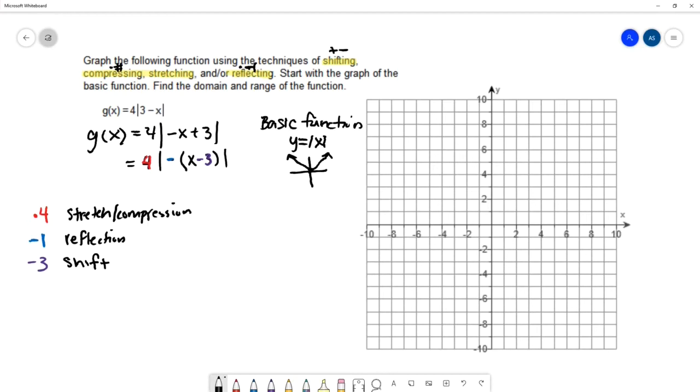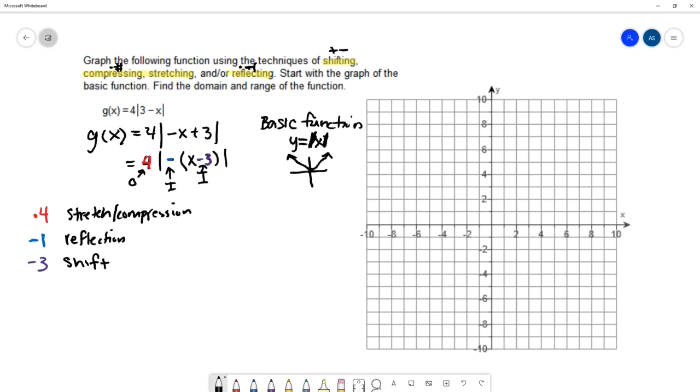So one thing we can pay attention to is whether the transformation is occurring inside or outside of our basic function. So our basic function is that absolute value. So we're going to look on the inside and on the outside of the absolute value bars. So the 4 is outside, the negative is on the inside, and the minus 3 is on the inside.